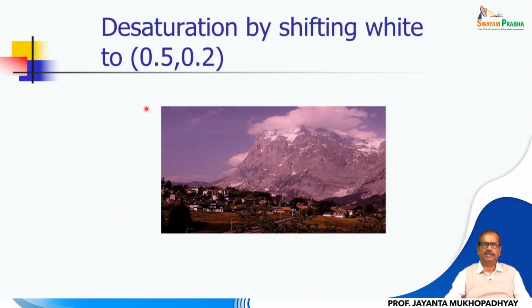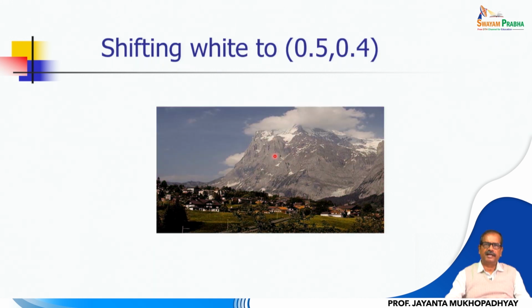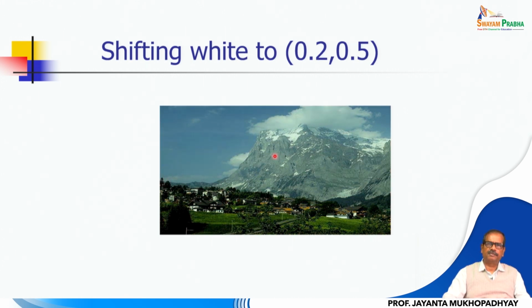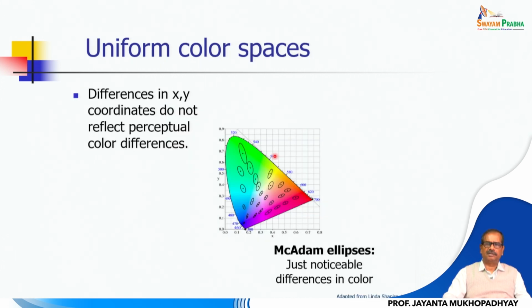Suppose we are shifting from the white zone towards the red zone, then a reddish hue comes. This is towards the bluish zone, this is the effect. So, different such effects are possible with this operation.